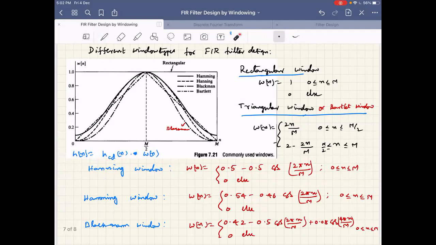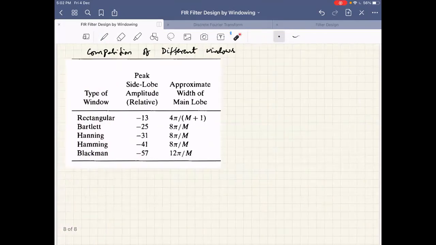So you can see now the comparison of the respective window functions in terms of the main lobe width, which determines the transition band, and the relative height of the main lobe to the side lobes.